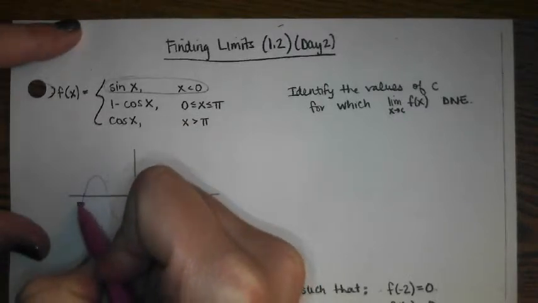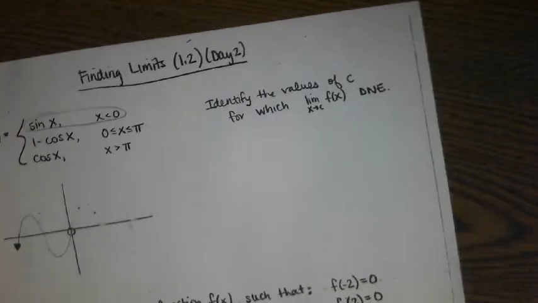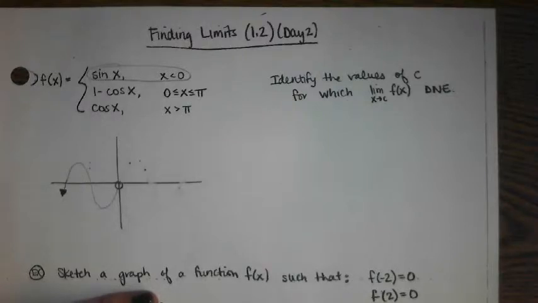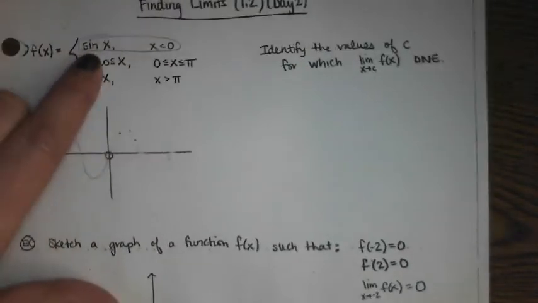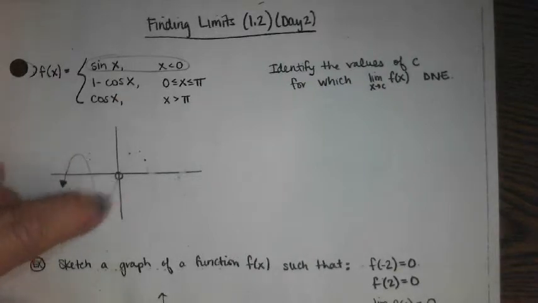Versus what would have justified me closing it? What would I change if I was supposed to close it? So where do we look to determine open or closed? Like here, sine x. So what would that need to be though if that was going to be a closed circle?